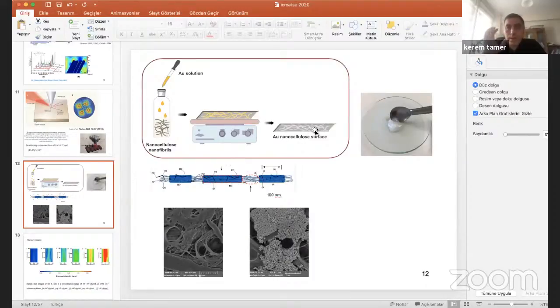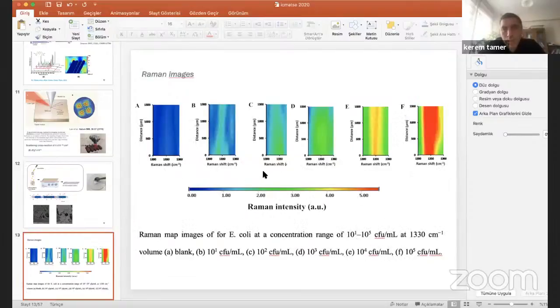We modified it with some antibody structure. Okay, I'm going to give some special examples also. And then we interacted our bacteria. Okay, then our probe-modified gold nanoparticle actually interacted with the bacteria, and we get the Raman signal of the resulting complex.